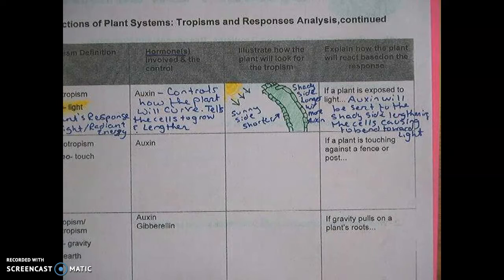If you're typing, it fits better. If you're making your own table, it fits better. I always write too big for the boxes.